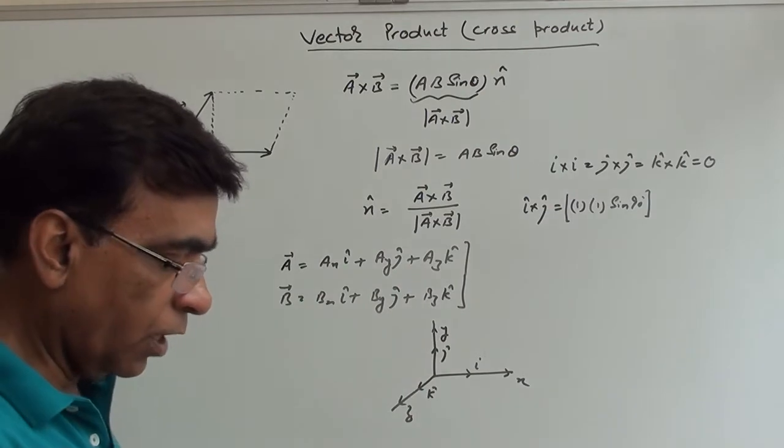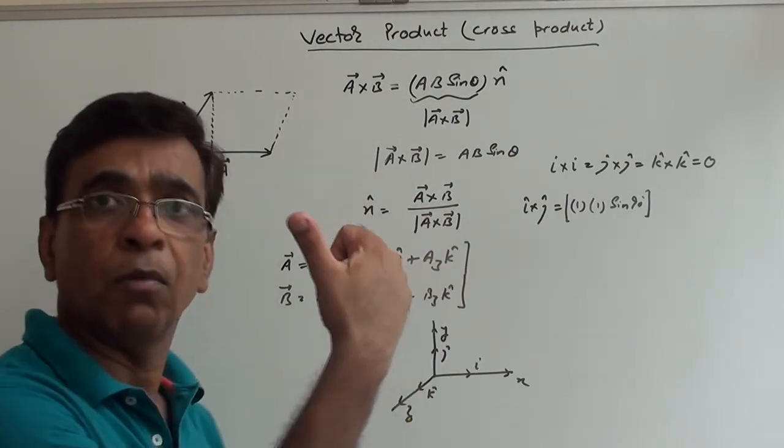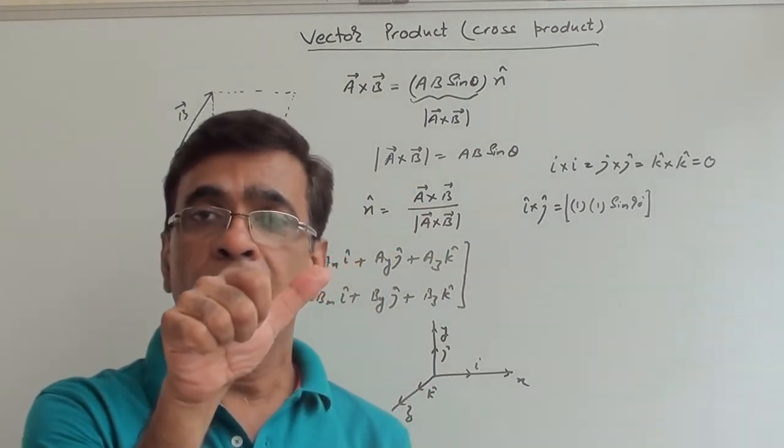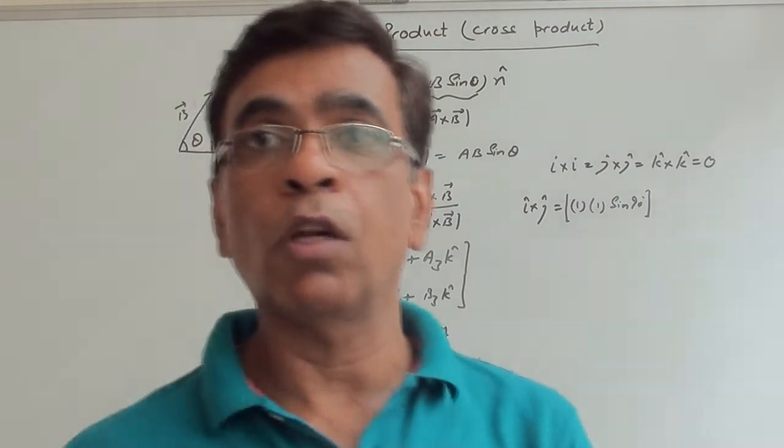If I have to find I cross J, use the same rule. Turn the fingers from I to J through the smaller angle.